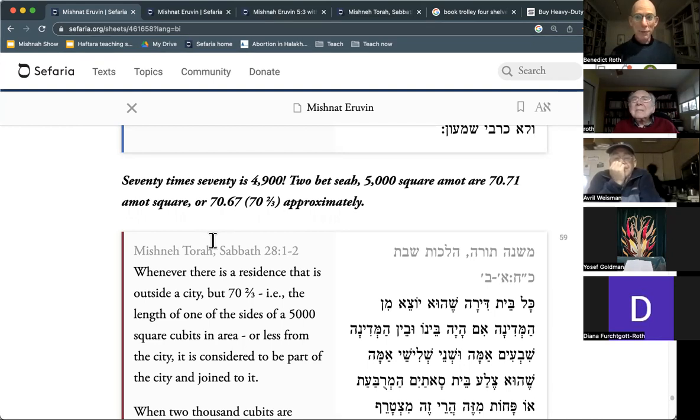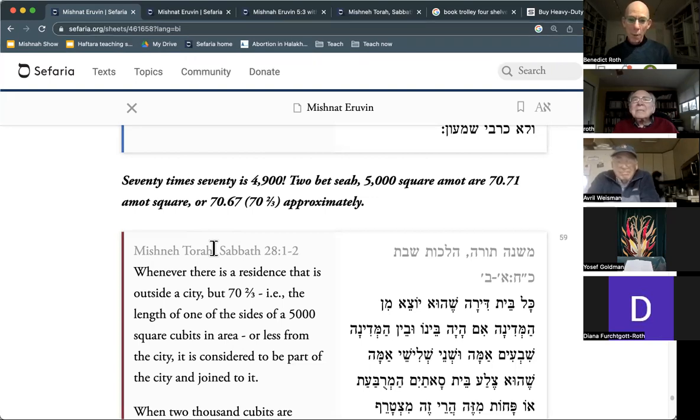By the way, you can calculate this yourself: 70.71, and the Rambam is telling us 70 2/3, which is 70.67. So he's consistent with our maths to 3 significant figures, which I think is quite impressive for someone who doesn't have a sophisticated calculation device.